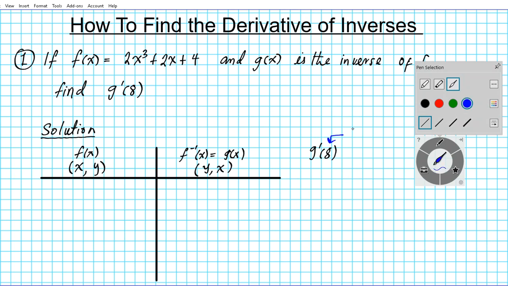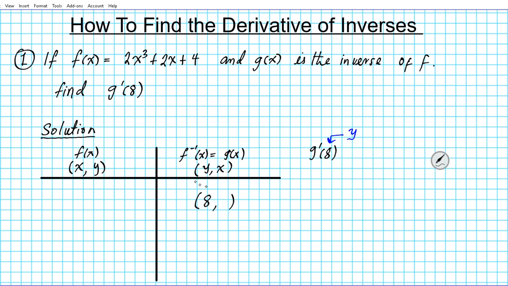Okay, that's what's inputted into the inverse function. So in this pairing, we're going to start right here on the right column. We know that y is 8. Okay? But what we want to do is figure out what x is, and plug it into the derivative of f, since the independent variable of f is x. Okay, so what is the x value?